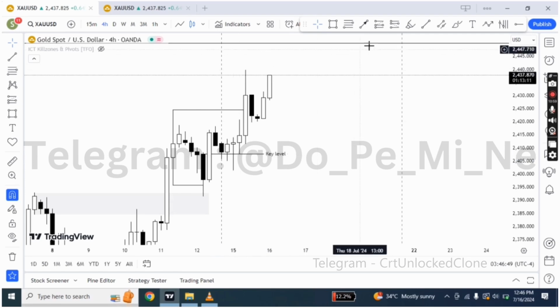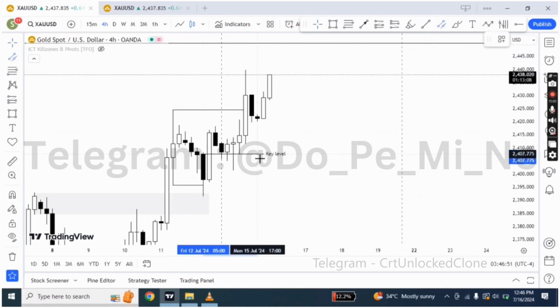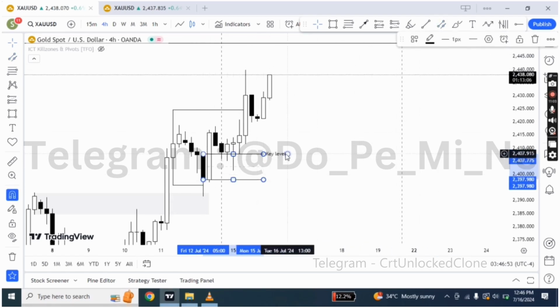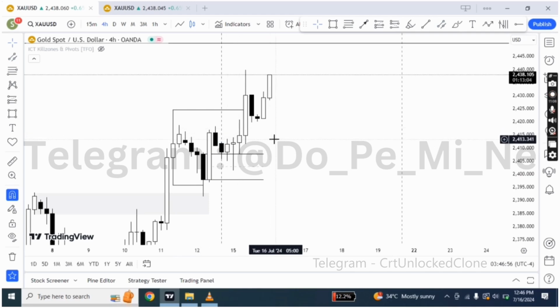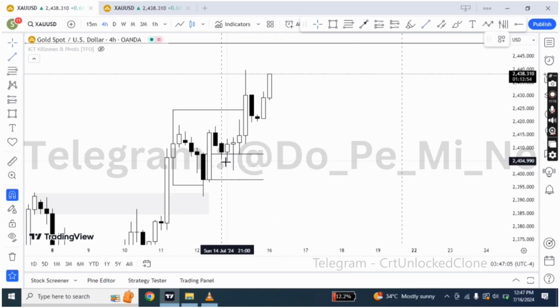So what we're going to do in this case right here is stay out of this move and not take part, because it has already tested this key level at a different time which is not favorable for our trading system. So we're going to stay away unless price takes out liquidity again in the form of this CRT and tests the mean threshold of this order block, which is a refined key level in itself, right? This mean threshold in itself is an important key level which hasn't yet been tested, and price could test it and react off of it, right?